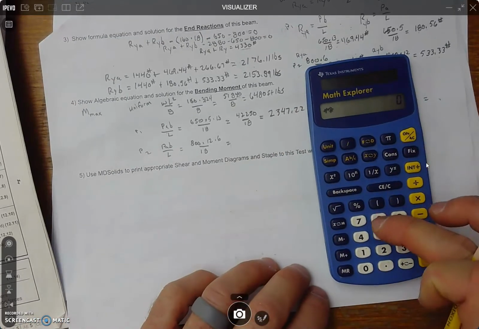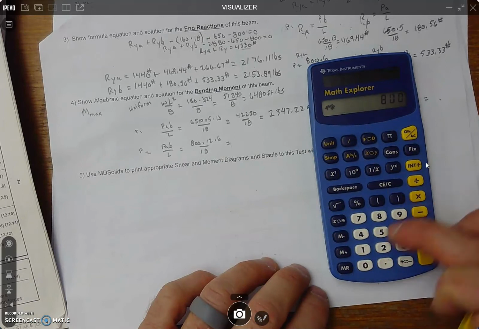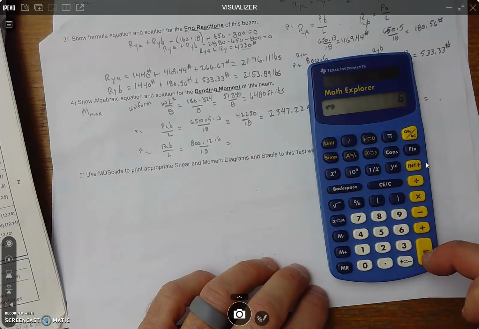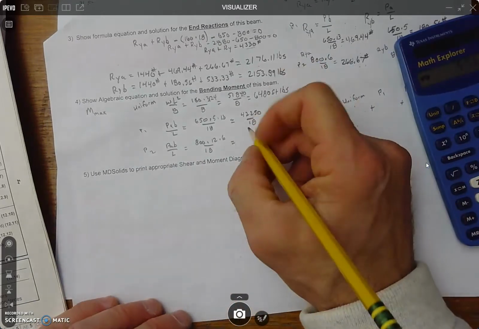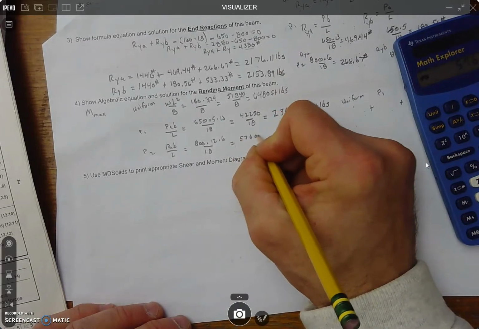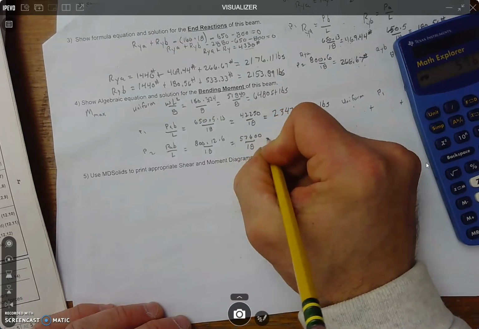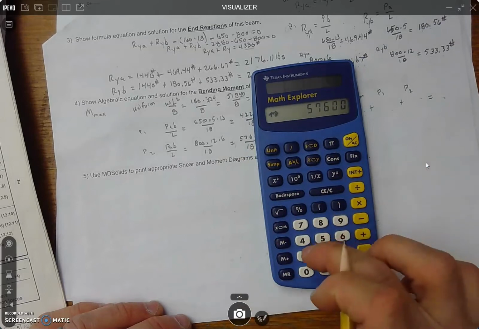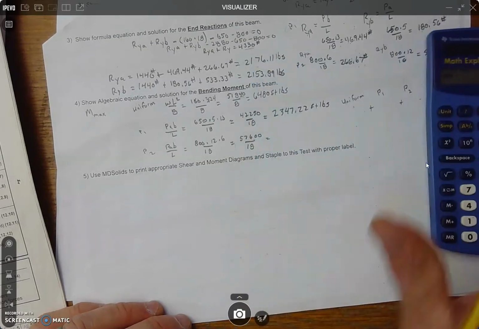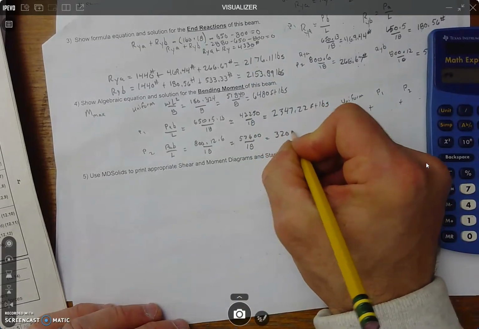We're going to do the next one. 800 times 12 times 6 equals 57,600, divided by 18 is 3,200 foot-pounds.